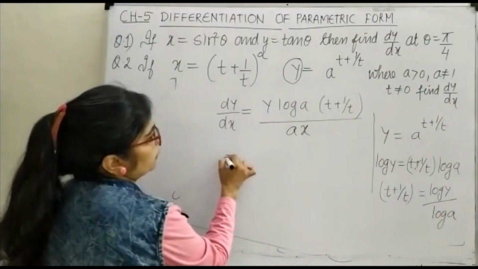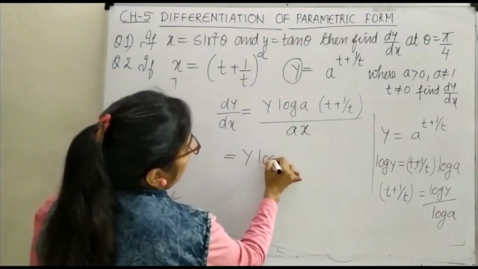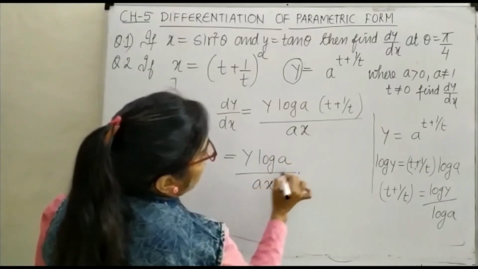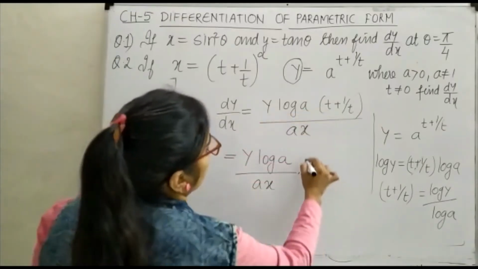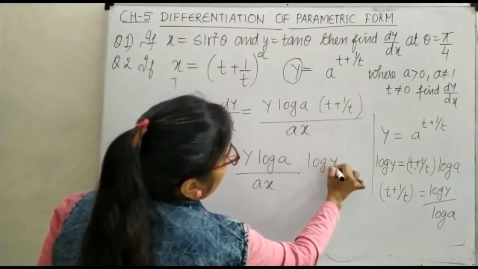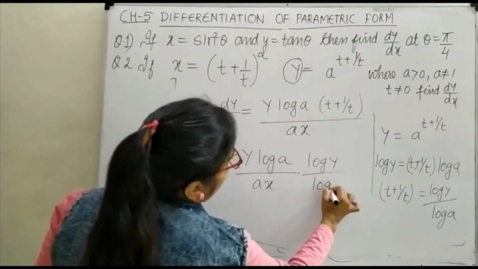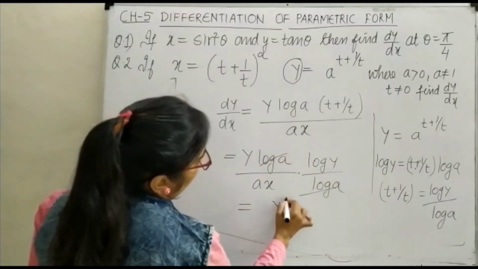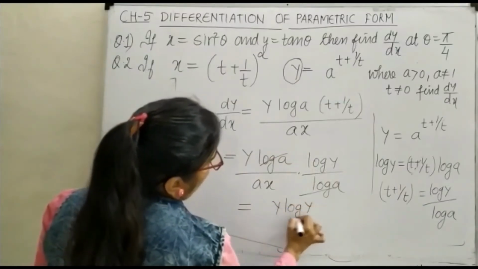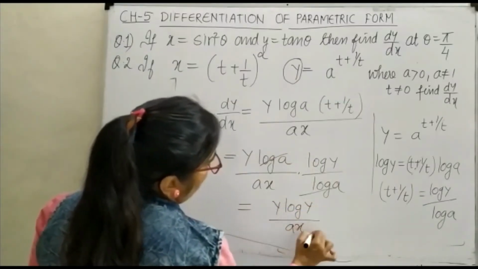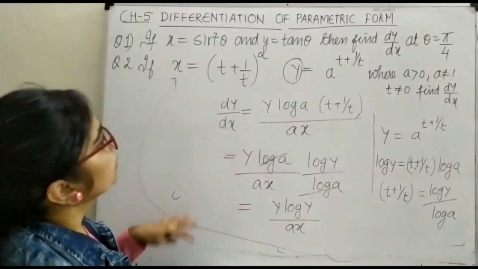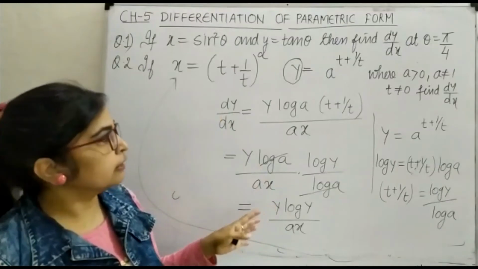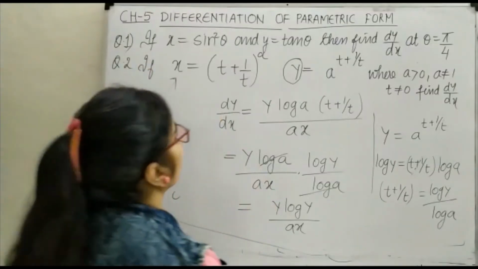So this can be further simplified: y log a upon a x, with the value of t plus 1 upon t being log y upon log a. Here this will cancel and you are left with y log y upon a x. So this is how parametric equations differentiation is done. Now moving on to question number 1.